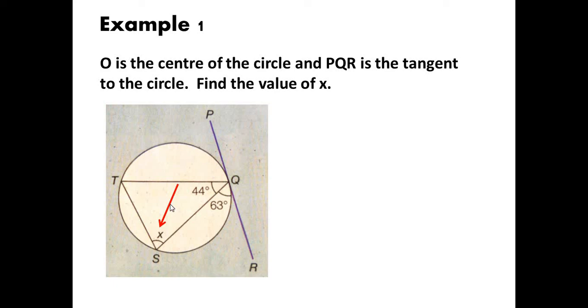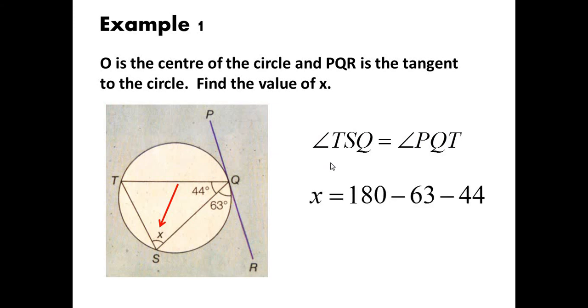So opposite to that segment is X. So you will have your X as 180 subtract these two angles, and you're going to have this angle. Okay, so you will have your X.